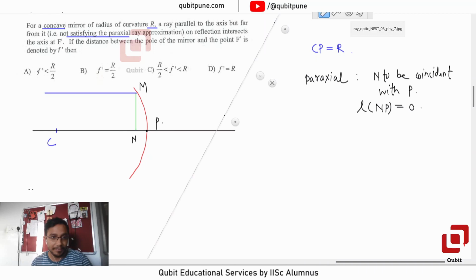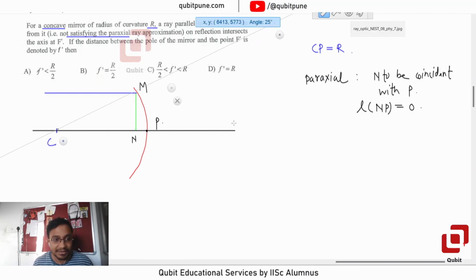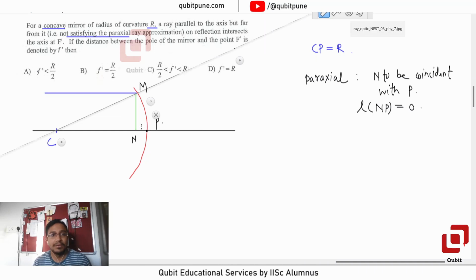But of course, the laws of reflection will get obeyed. So suppose this is our normal. We know it's a spherical mirror. What will happen after reflection? After reflection, this particular ray will find a path making sure that angle of incidence is equal to angle of reflection.